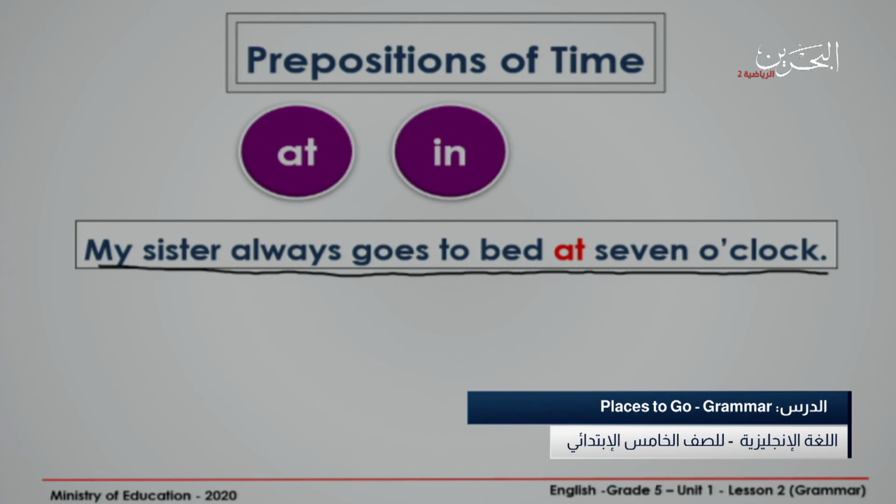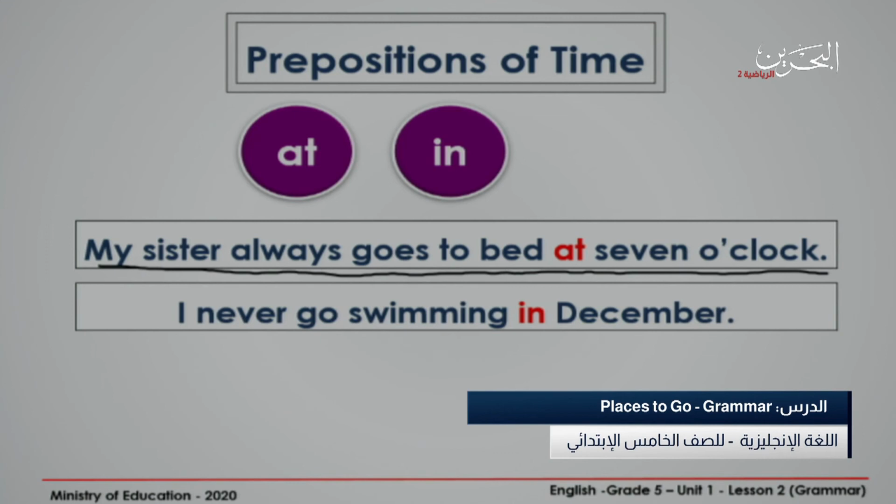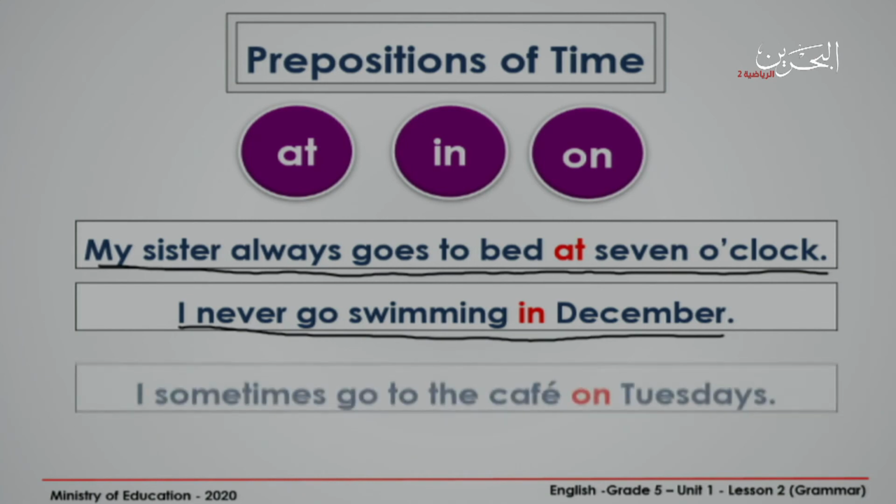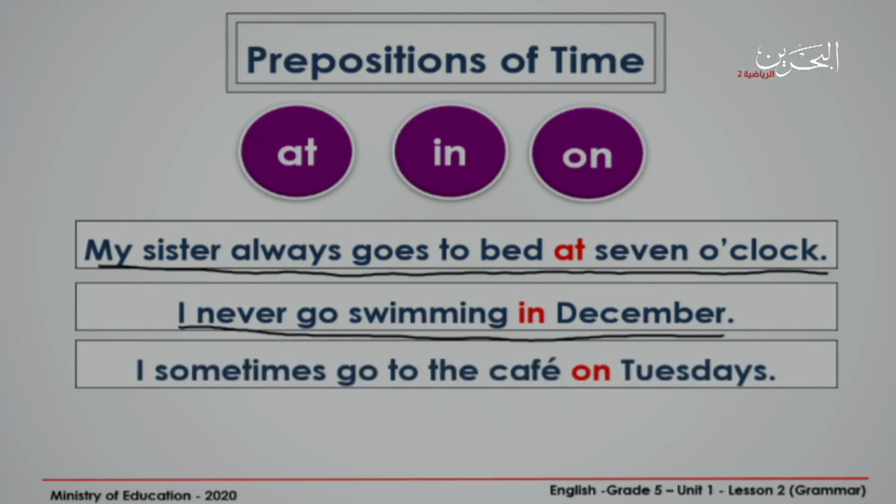Let's look at an example. I never go swimming in December. And the third one is on. Let's look at the example. I sometimes go to the cafe on Tuesdays.